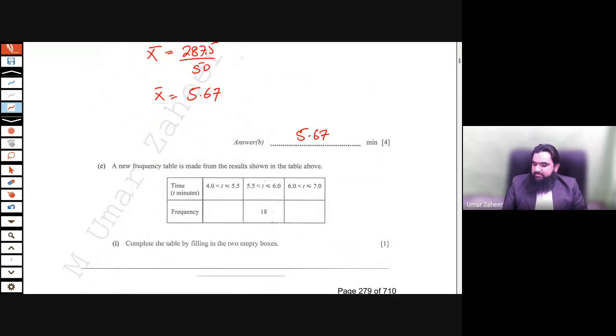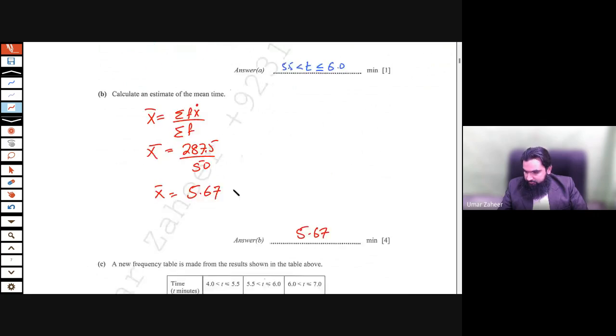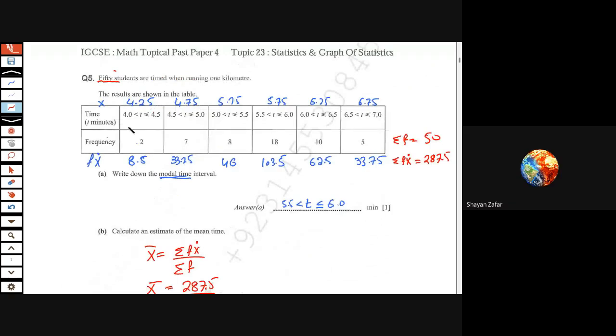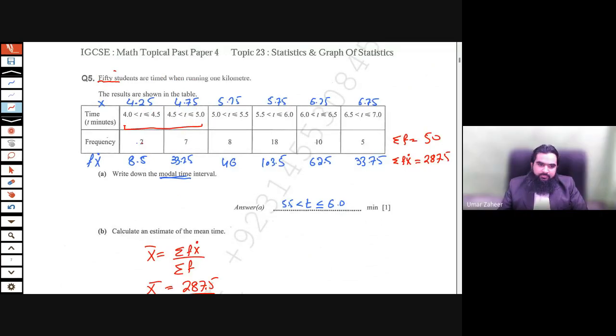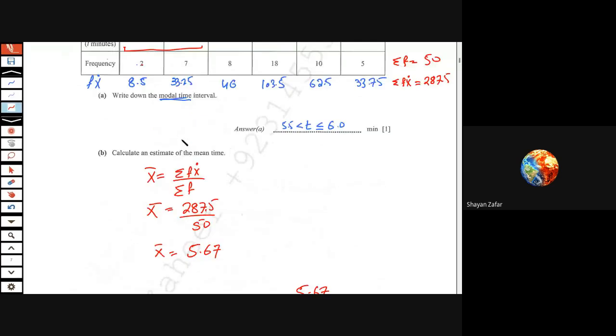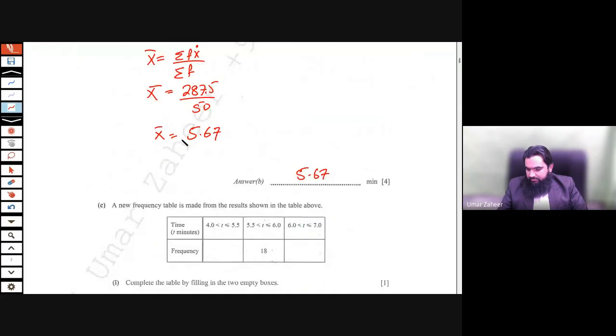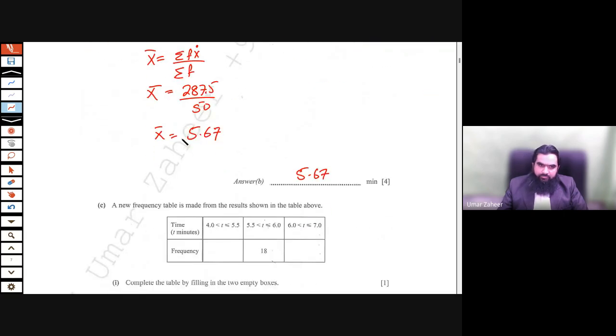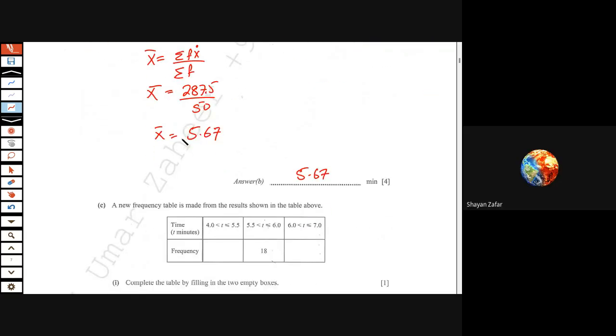Now a new frequency table is made from the results in the table above. Complete the box. 4 to 5.5. So 2 plus 7, that is 9. So the total frequency is 9.